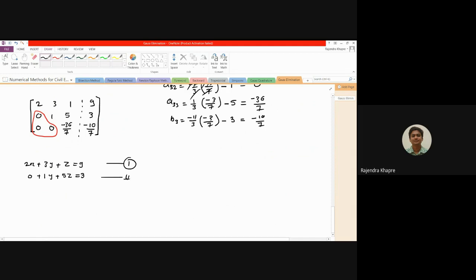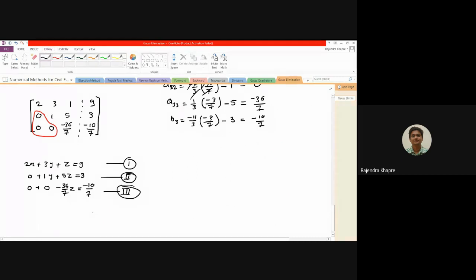This is the second equation. And the third equation, you have 0 plus 0 plus, or rather I should write minus 36 upon 7 times z equals minus 10 upon 7. This is equation number 3, okay.